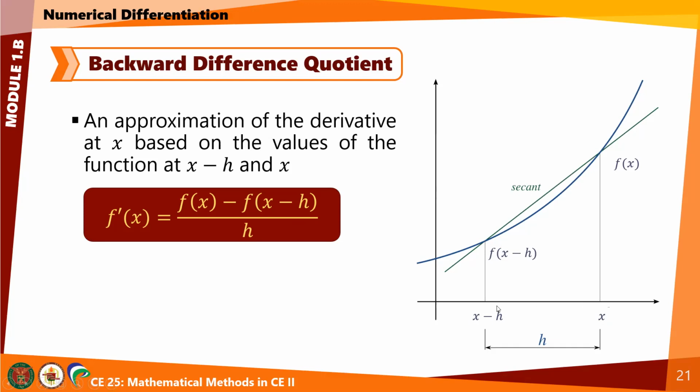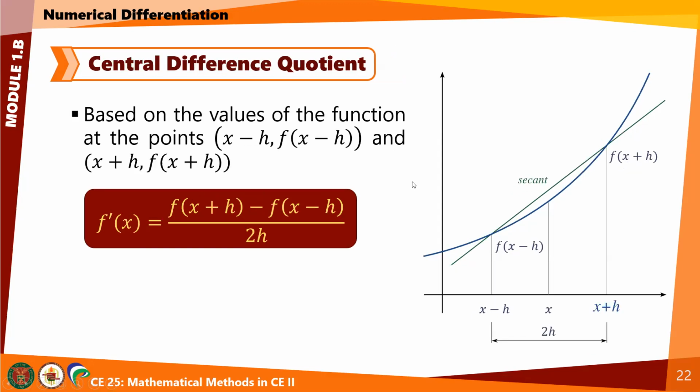Okay? That is the only difference. Next, we also have the central difference quotient. In the central difference quotient, we don't use x, rather, we use x plus h and x minus h.